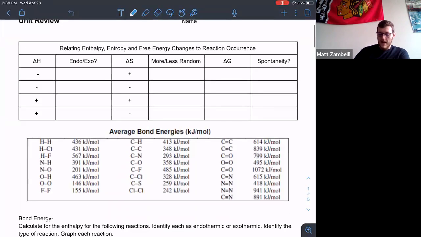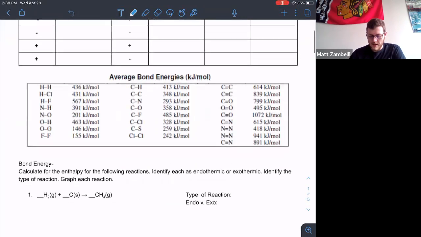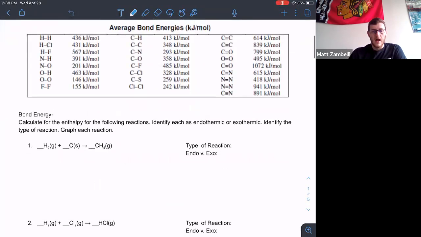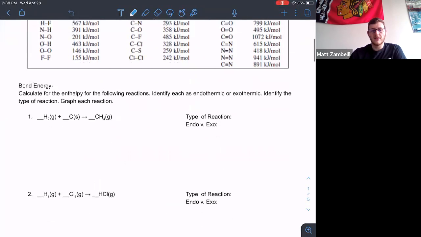All right. Going through this, there are just a couple things I do want to remind you guys as you're going. Right here, when you're doing your exothermic or your endothermic, remember that in endothermic, energy is being gained by the system. So our delta H, our enthalpy, is going to be positive.